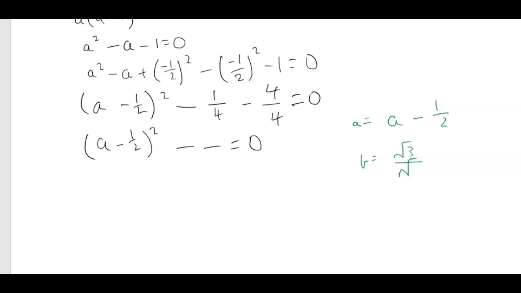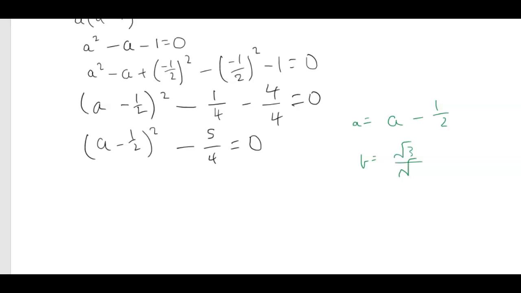Sorry about that, girls. Okay, so let's go back to this step. When I squared this, I squared the 1 and got 1, but 2 squared is 4. And then this one, I've just made the same equivalent fraction, but I've just written as 4, so we've got the same denominator. Okay, so then that becomes negative 5 on 4.